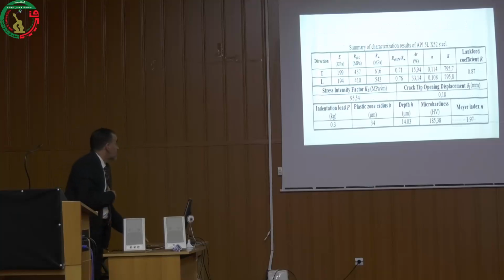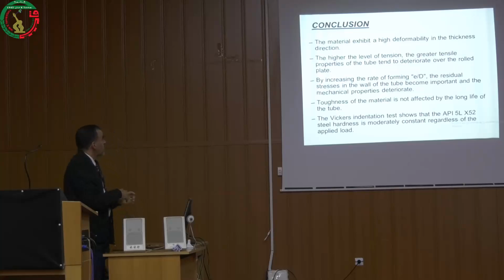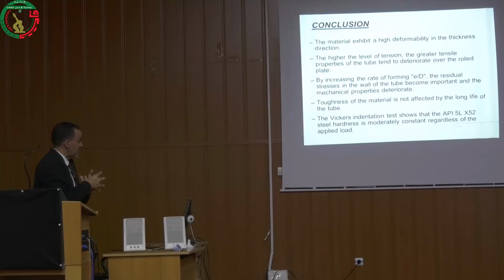Here is a summary of the obtained results. We can conclude with this work that the material exhibits a high deformability in the thickness direction. The higher the level of tension, the more the tensile properties of the tube tend to deteriorate compared to the rolled plates.